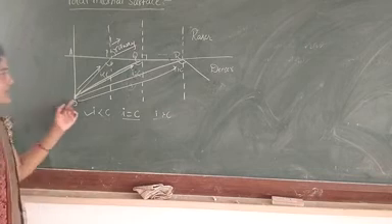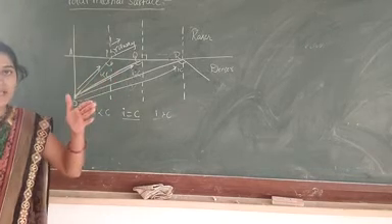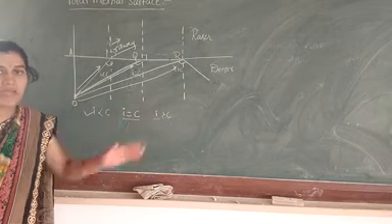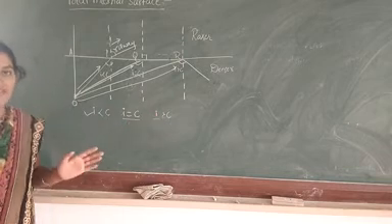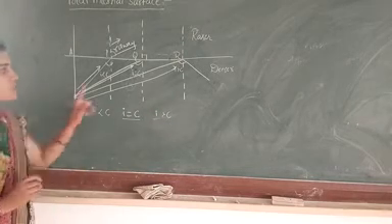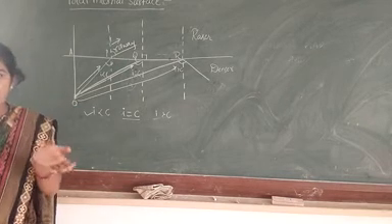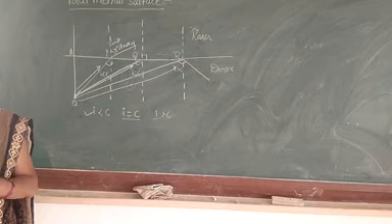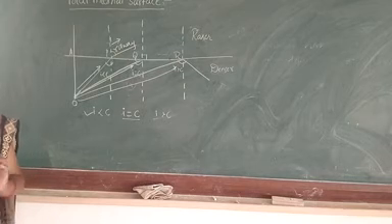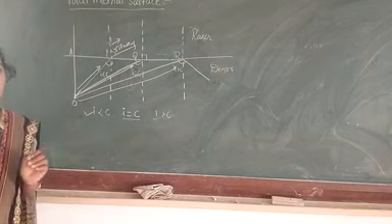The second ray OQ does not go to the rarer medium. It stays along the surface. Next OR goes from the denser medium but does not reach the rarer medium. It gets reflected back into the denser medium. Then we are calling it what? Critical angle.